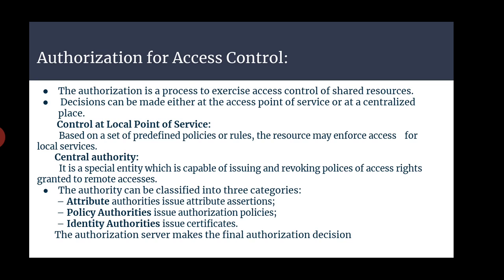And the third category, identity authorities, as the name says, issue certificates. So mainly, the authorization server makes the final authorization decision. This is the concept of authorization for access control.